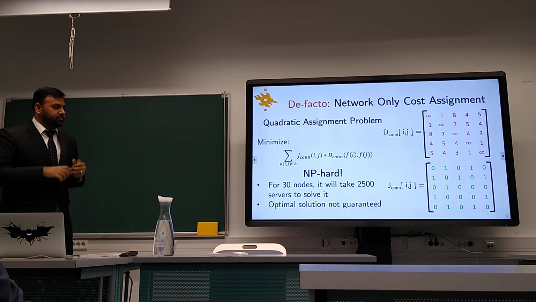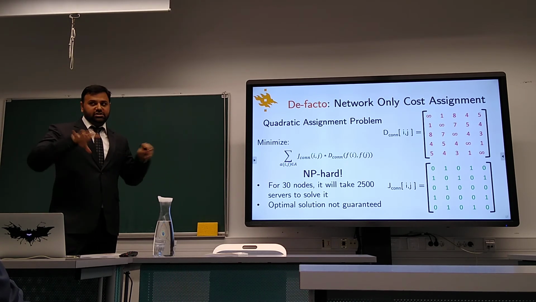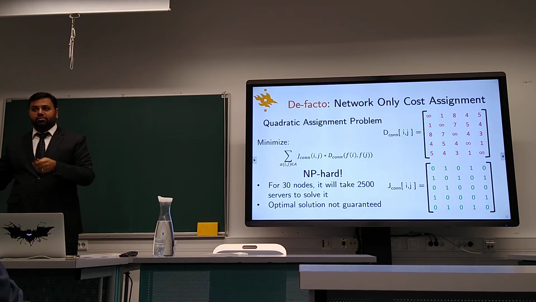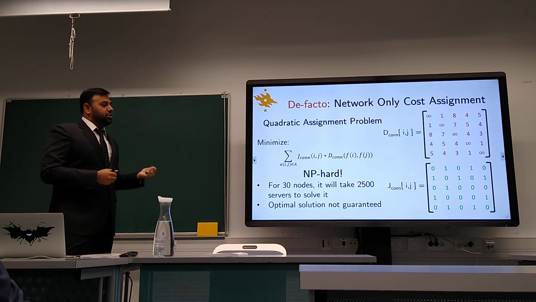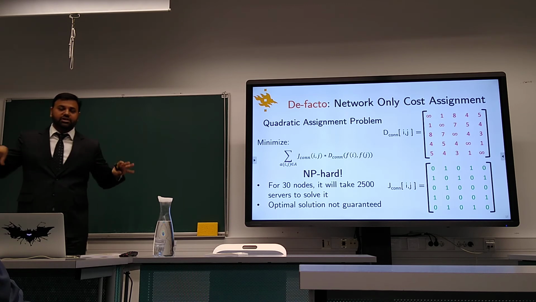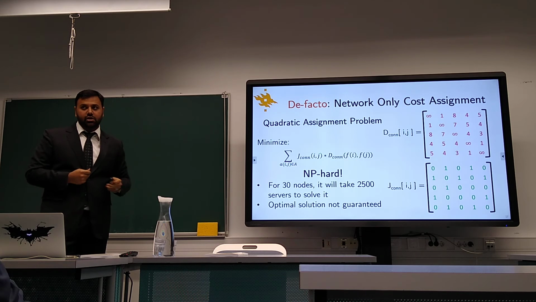And even just for reference purposes, for example, for just 30 nodes, for a 30-device graph, it can take 2,500 servers to solve it, and even then the optimal solution might not come out. And that's a problem because when we are tackling edge-fog graphs which have a huge density of these devices over the network, you want to do things fast and you want to avoid this entire complexity.